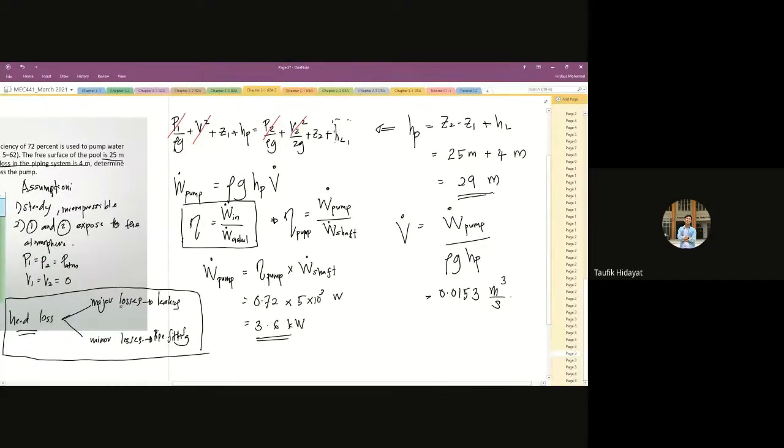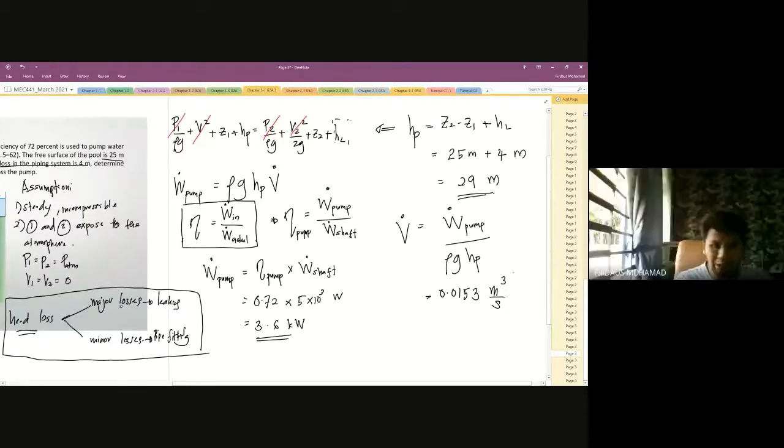Volume flow. Sekejap, saya kira H pump berapa?